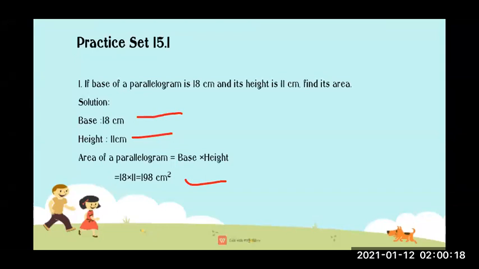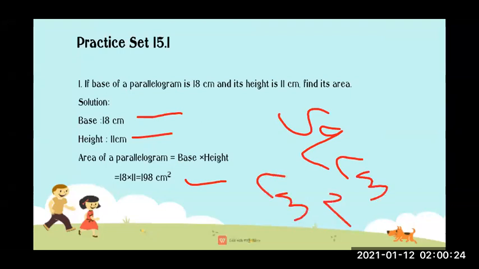If you write square centimeter or centimeter square, it is one and the same. So whatever is given you write first, then what they are asking to find out, that formula you write and start calculating the answer. So the area of the parallelogram is 198 square centimeter.